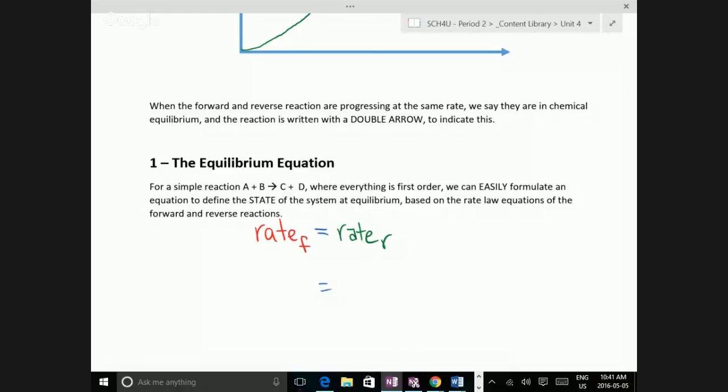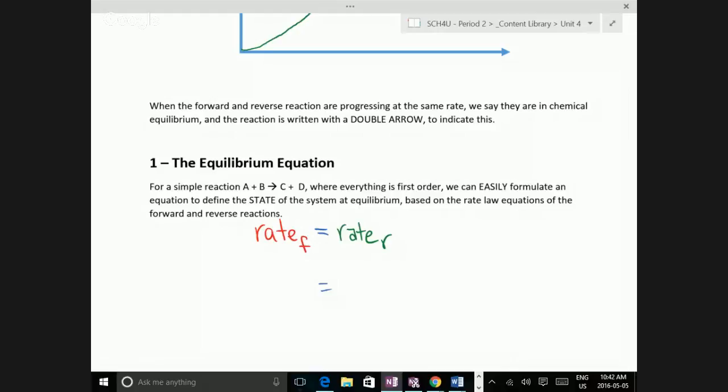We're going to start with something simple and then move to something harder. Imagine a reaction where A plus B gives us C plus D, and because we're talking about rates now, assume all of the rates are first order. So A is first order, B is first order, C is first order, D is first order. One-step reaction, first order, simple, plain stuff.